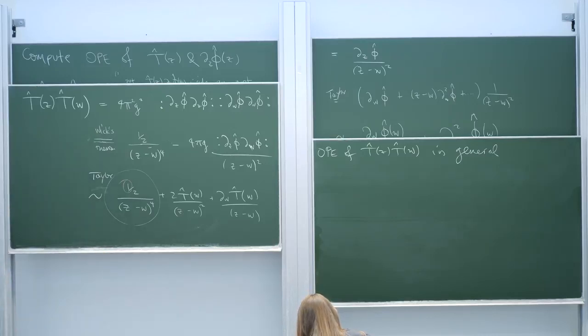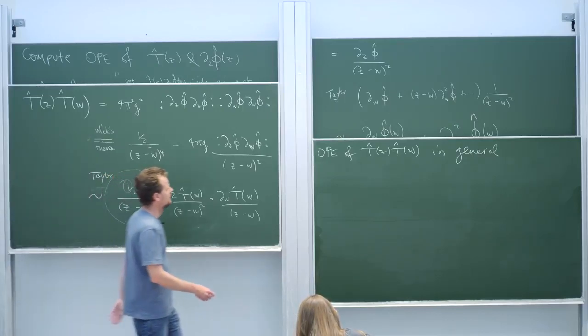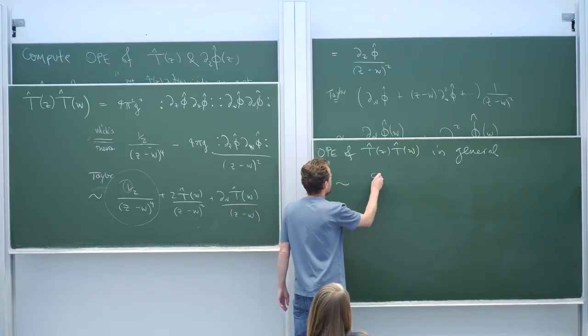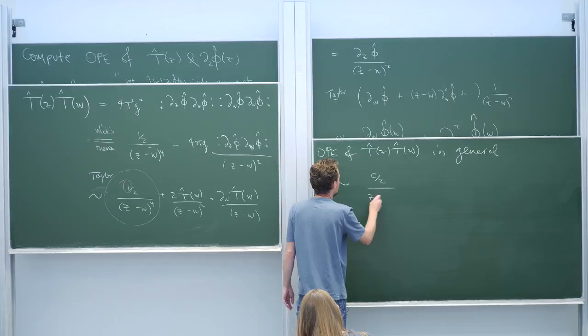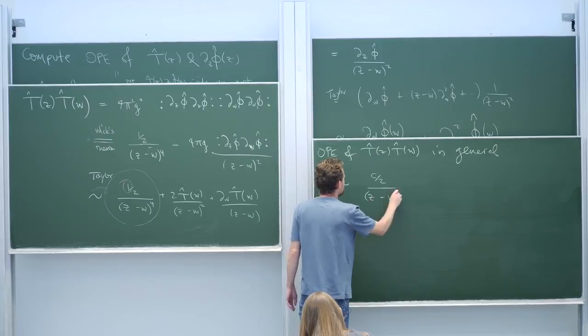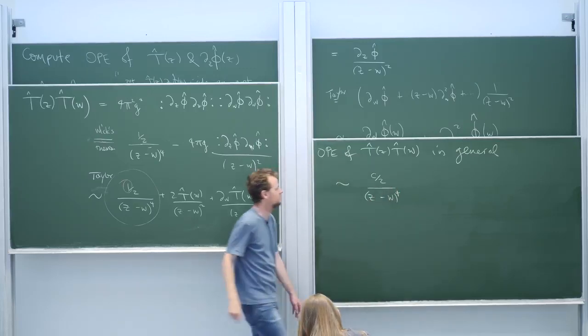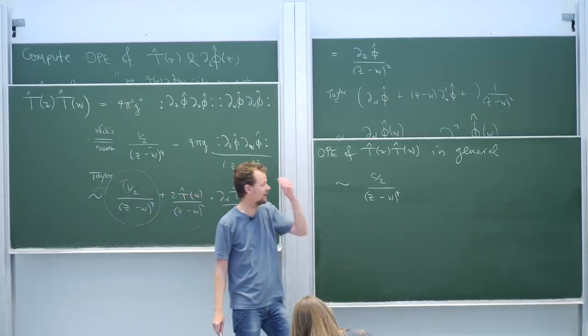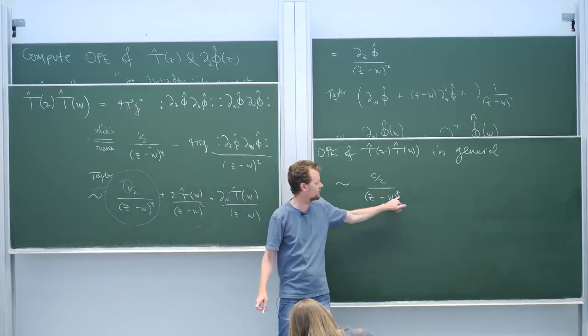And you can ask, what is the most general OPE that we could write out? The answer is, you don't have to, but it's certainly allowed to have a term like this. The most singular part of the OPE in general has a fourth order power.